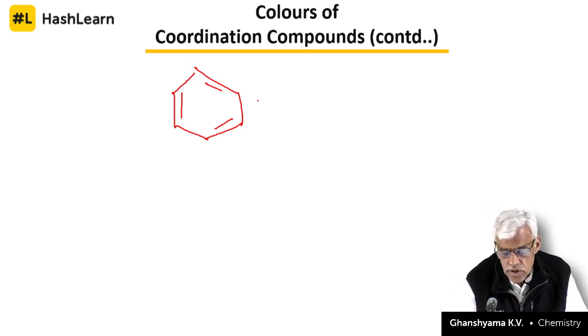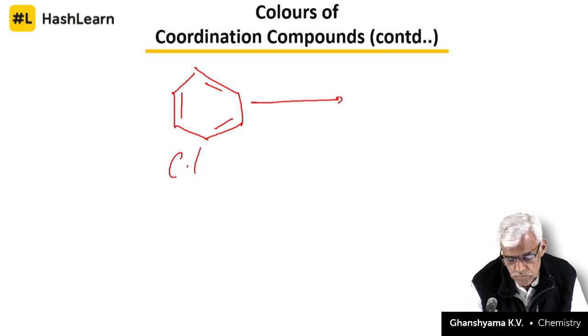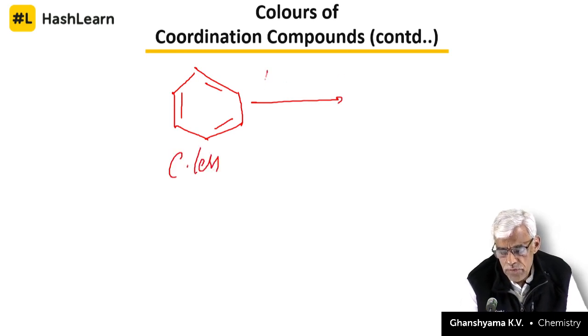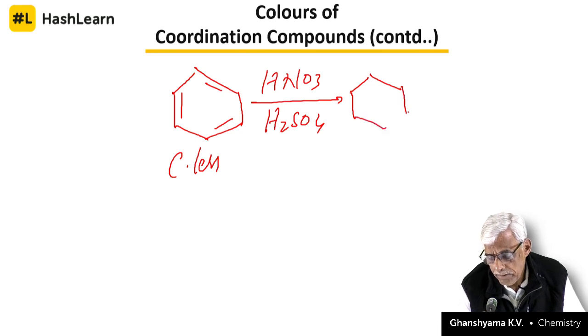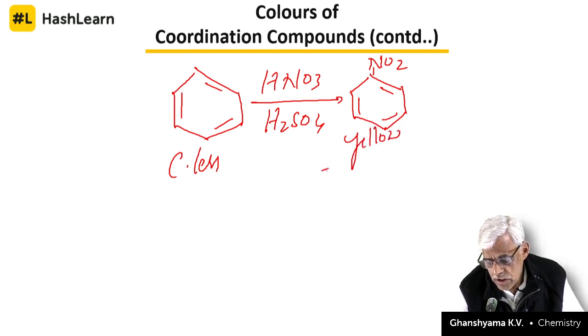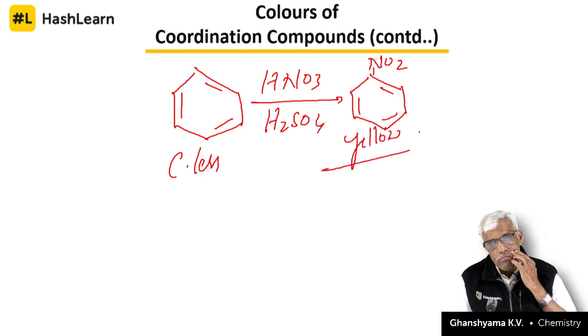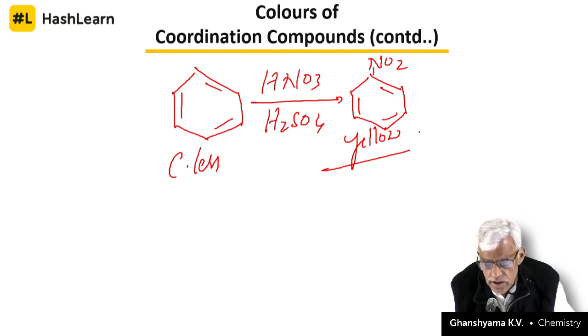Benzene is colorless. If you heat it with nitric acid and sulfuric acid mixture, it forms nitrobenzene. This nitrobenzene is yellow in color. Why is it yellow in color?